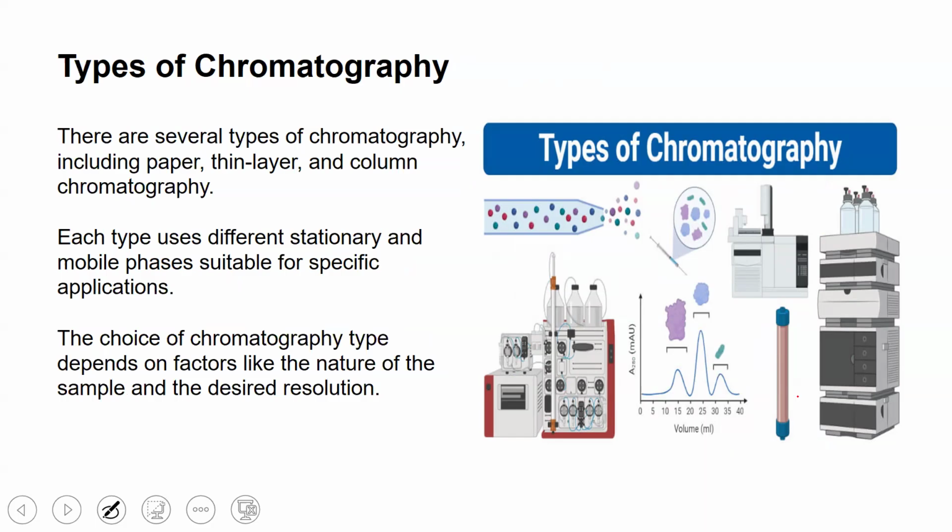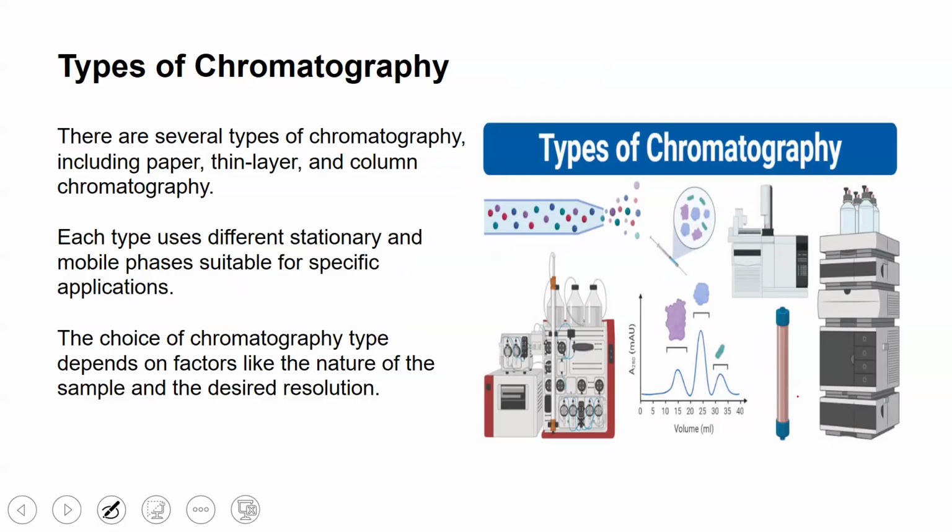There are several types of chromatography, including paper, thin layer and column chromatography, and each type uses different stationary and mobile phases that are suitable for specific applications. The choice of chromatography type depends on factors like the nature of the sample and the desired resolution.